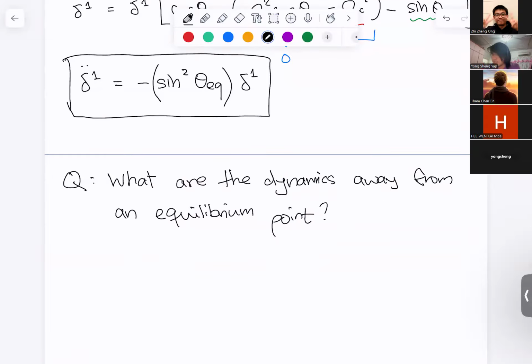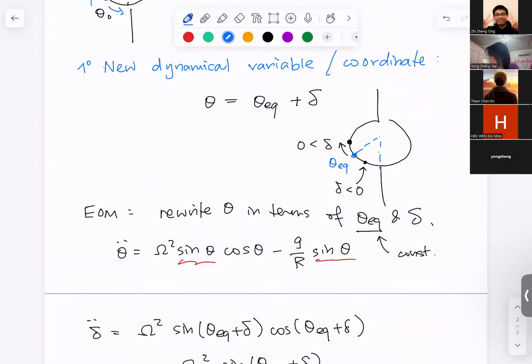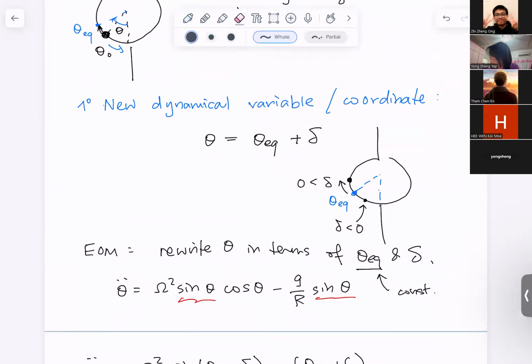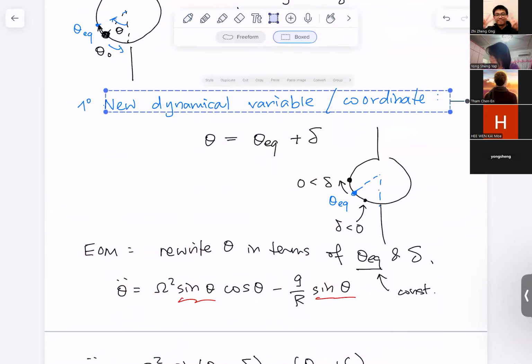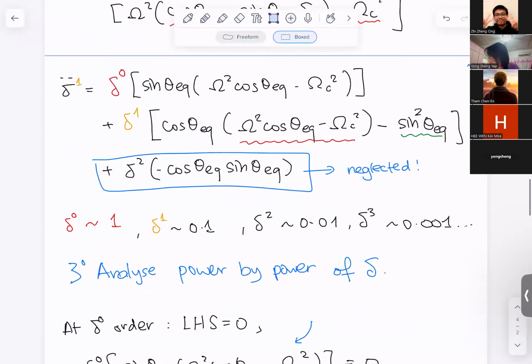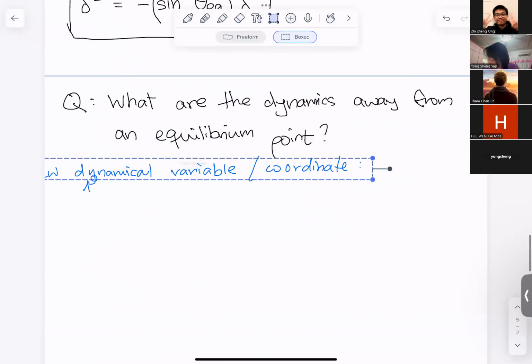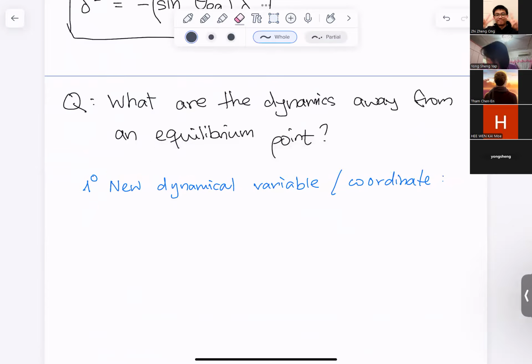There are three main steps that you should do. The first step is to define a new dynamical variable or coordinate. So from an equilibrium point xeq, let's use red, xeq.